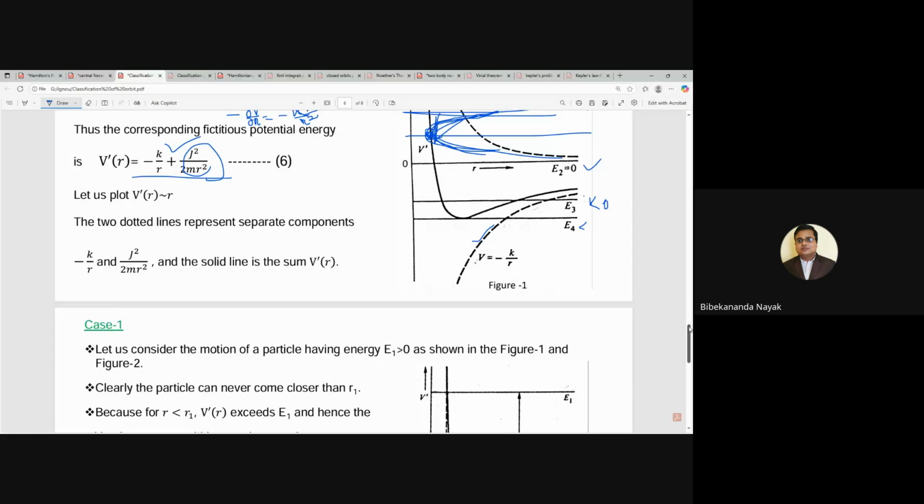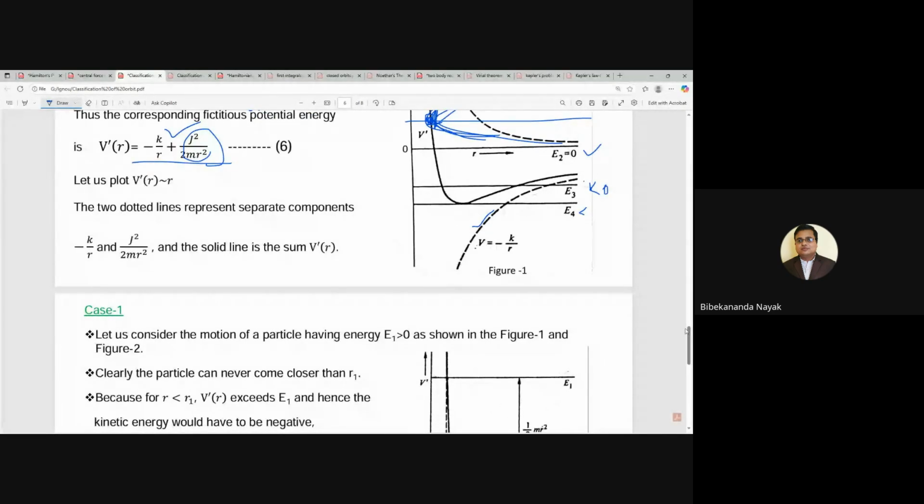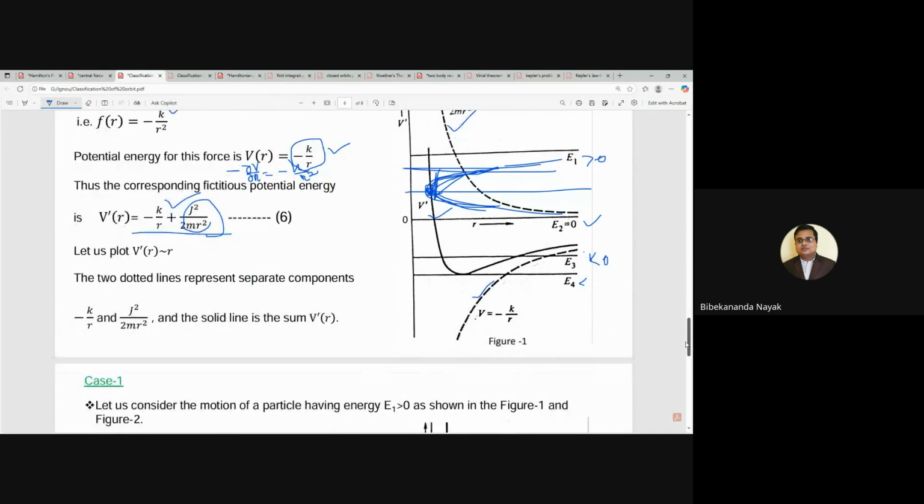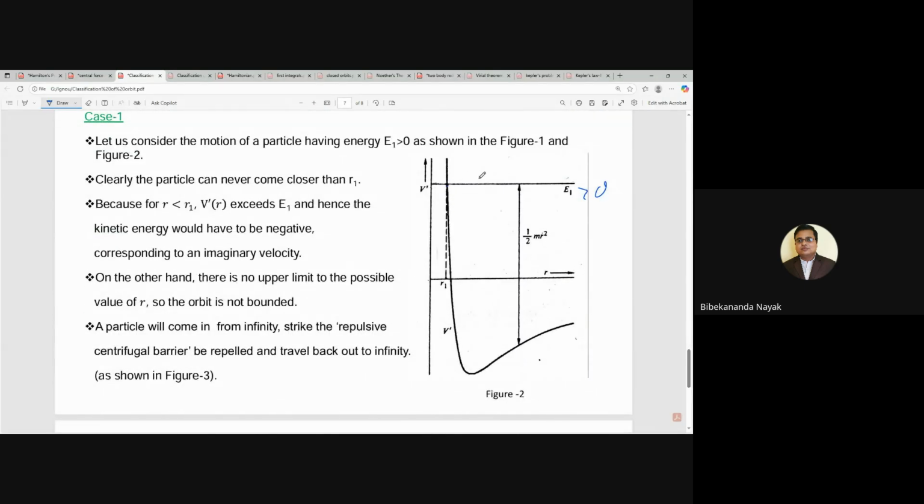Similarly, this picture occurs up to E2 equal to 0. It also crosses at one line. So for some negative value, but up to a certain negative value, it becomes two points. Let's say this point is R1, E1. First case, E1 greater than 0. Magnifying this figure, I focus on that part.